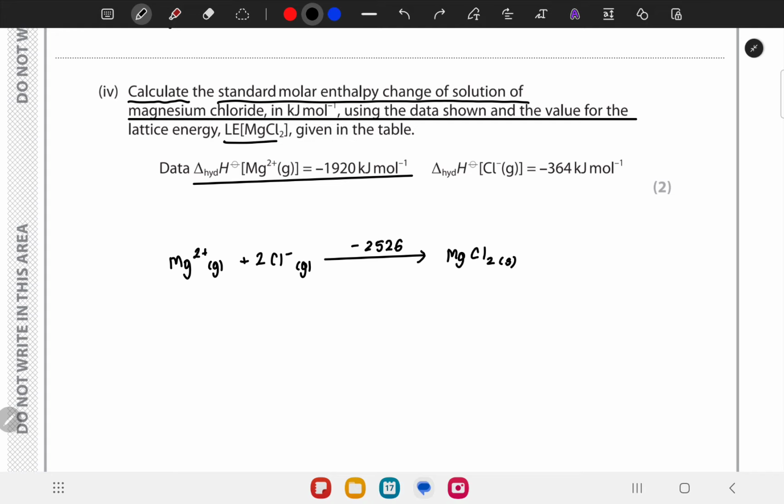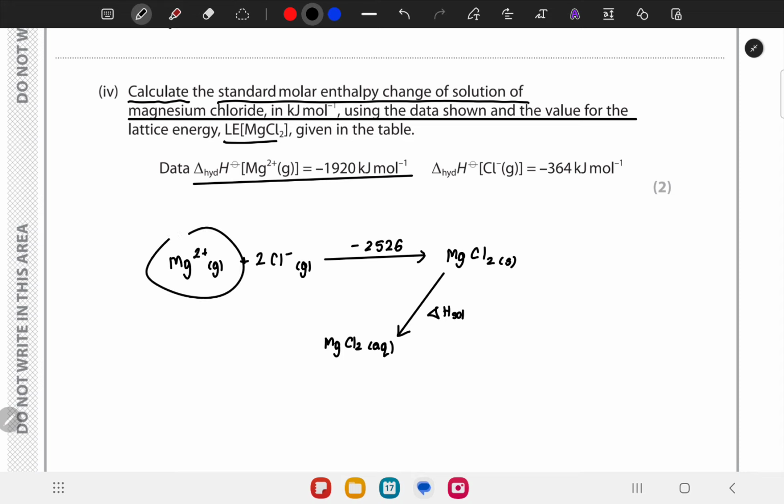Now the enthalpy change of solution will be the enthalpy change when we go from MgCl2 solid to MgCl2 aqueous. So this is the enthalpy of solution.